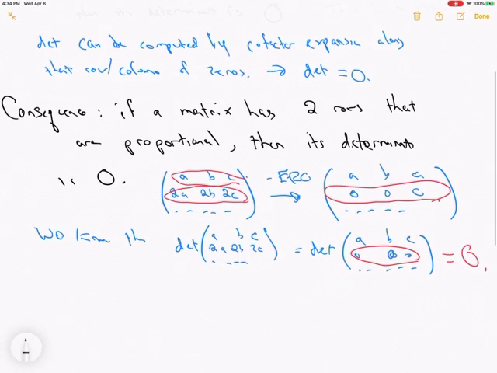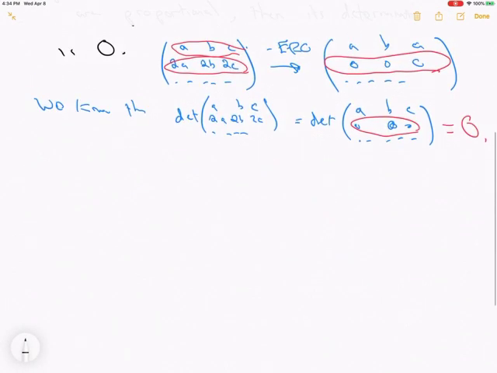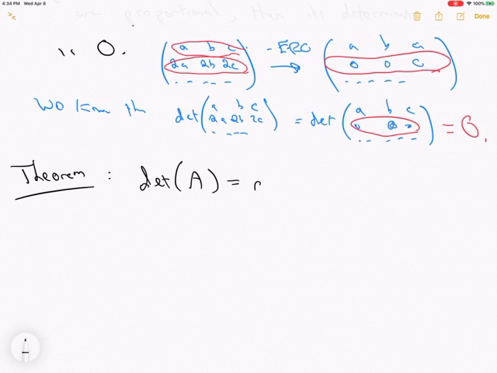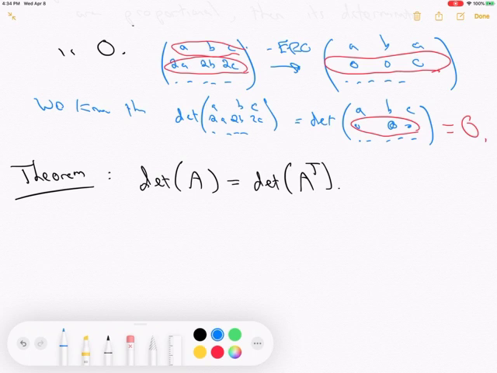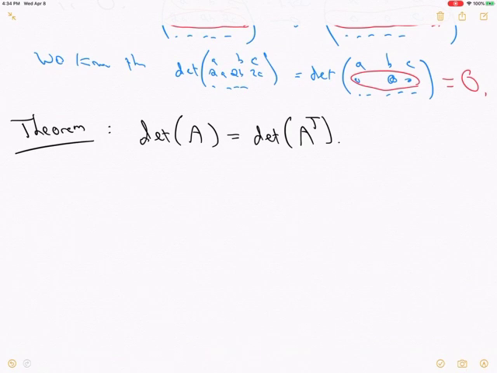Okay, here is another. So here's a theorem that the determinant of a matrix, say A, is the same as the determinant of the transpose of the matrix A. And this is an important theorem.